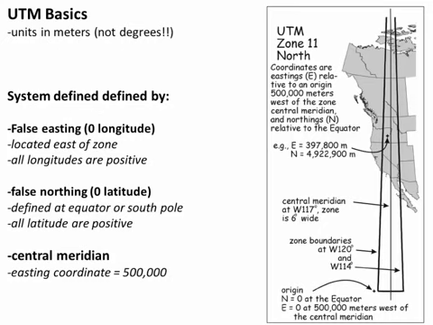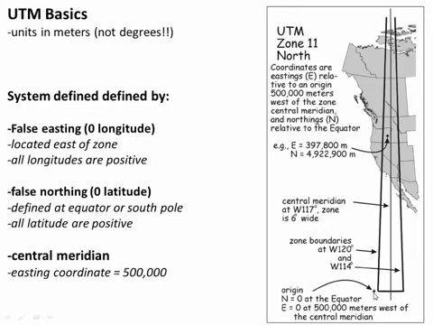Now, the origin of this coordinate system is defined as 0 meters, 0 meters. And each UTM zone has an arbitrary origin. In this case, it's defined actually outside of the UTM zone, someplace off to the west of the UTM zone.